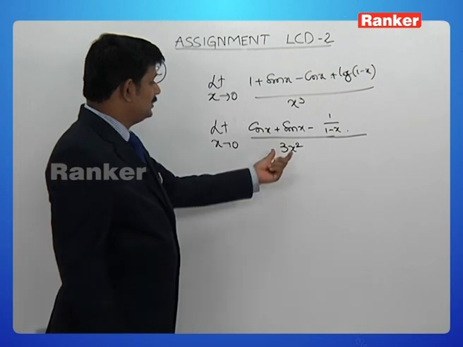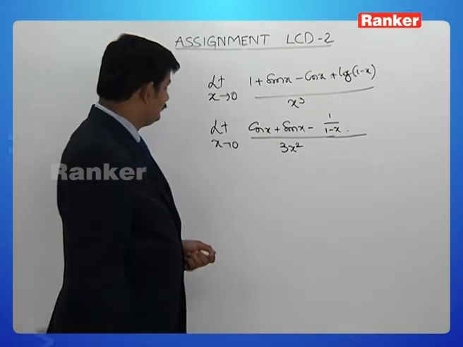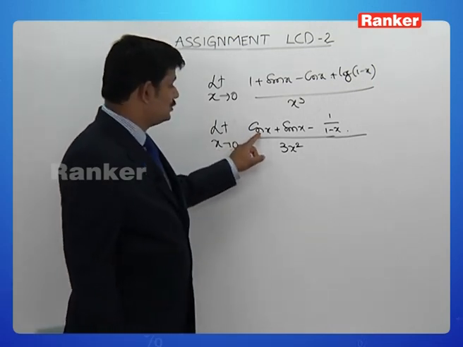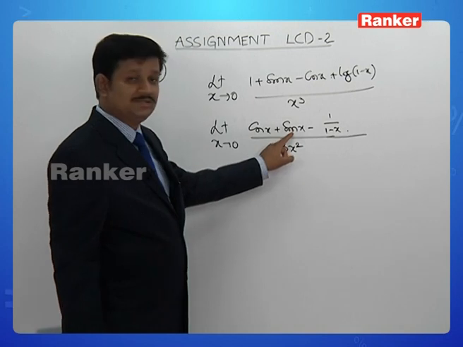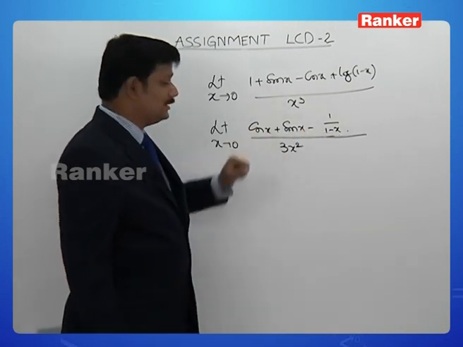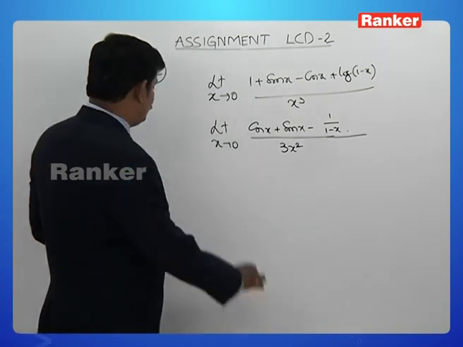So, we need to evaluate limit x tending to 0 of (cos x plus sin x minus 1 by 1 minus x) divided by 3x square. Let us apply L'Hospital rule again, as this is 0 by 0 form again: as x tends to 0, cos x is 1, sin x is 0, 1 by 1 minus 0 is 1, 1 gets cancelled, it is 0, and the denominator is also 0, 0 by 0 form.